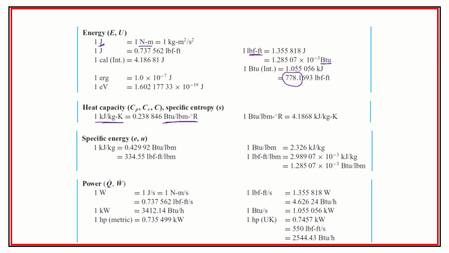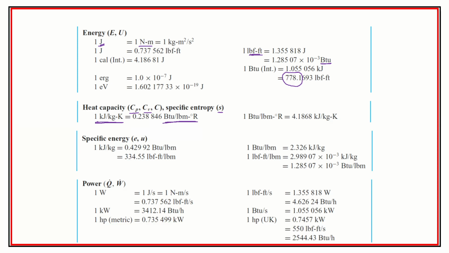It's interesting that for the heat capacity it's kilojoule per kilogram Kelvin, right? And you'll often see a C subscript P or a C subscript V. You'll learn what those are very soon. Also, entropy, lowercase s, also has these units, so be aware of their existence.